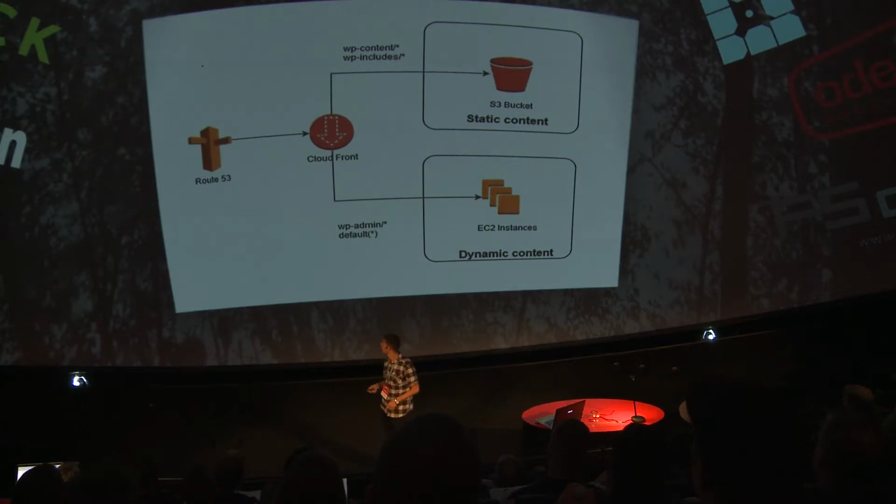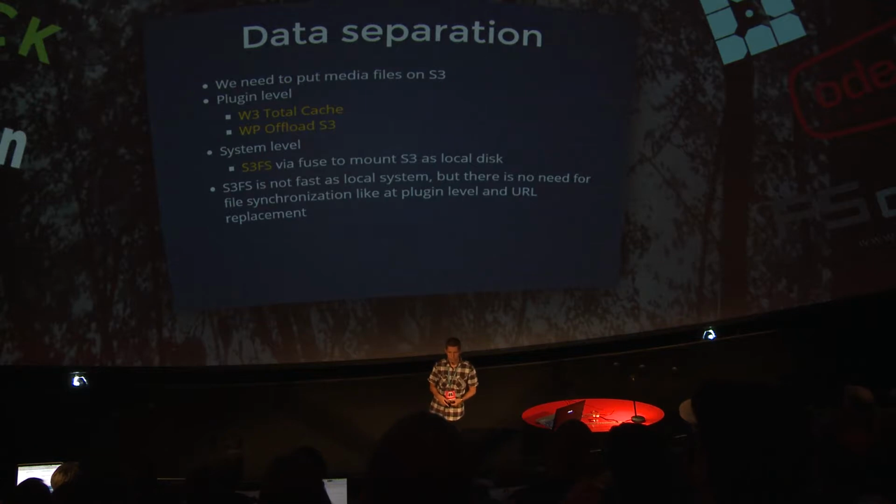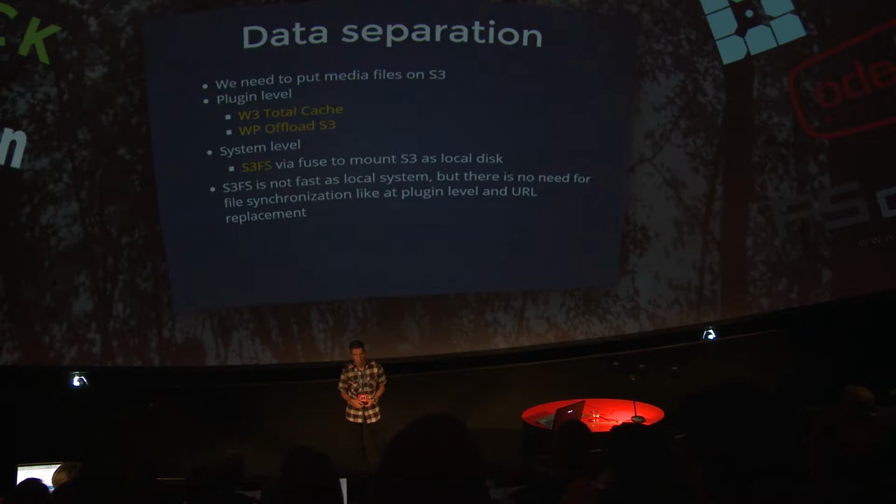What will we do? Well, we'll be using Route 53 for our DNS management and CloudFront for distribution, and CloudFront will serve our traffic, static files from the S3 bucket and dynamic content from our EC2 instance. But first, we need to put our files on S3. Like you know, WordPress does not support any cloud natively, so we will need to use some plugin for that.